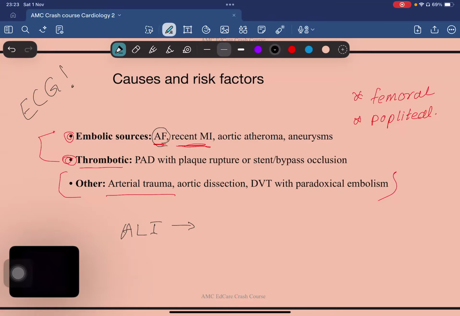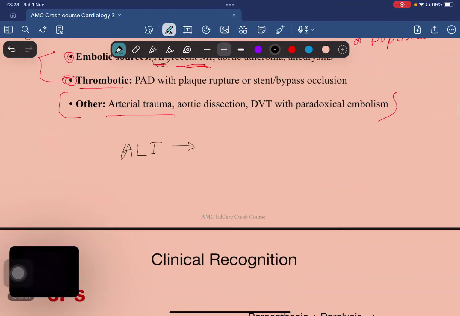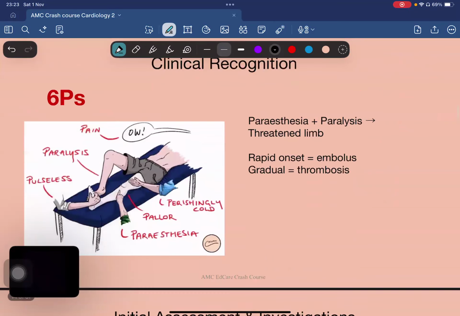So yeah, let's get going. Okay, this is a classic thing that most of you must already know. The clinical presentation, the 6 Ps, the classical presentation, that's how we all remember it. Pain, pallor, pulselessness, perishing cold, paresthesia, and paralysis.